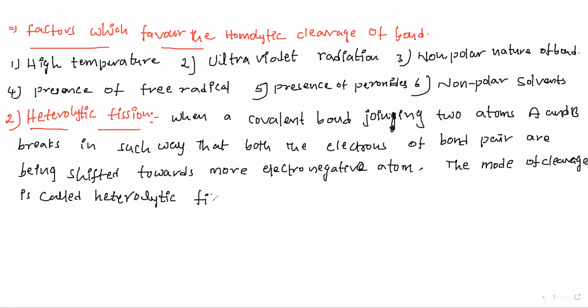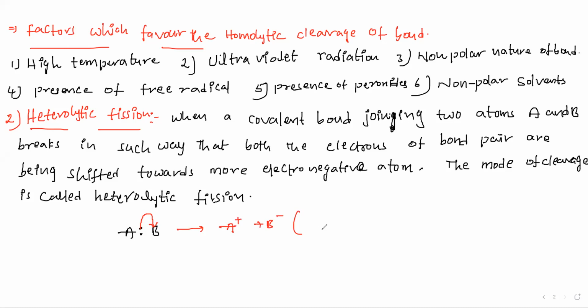This one is also easy. The atom with higher electronegativity can pull the electrons from the other element. As a result, one gets a negative charge and the other gets a positive charge. That is called heterolytic fission. For example, assume A is bonded with B. If B is more electronegative than A, B pulls the electrons from A towards itself. The result is that A gets a positive charge and B gets a negative charge.